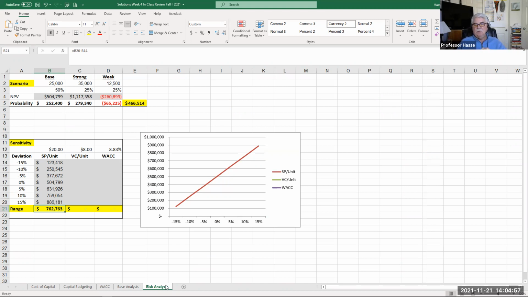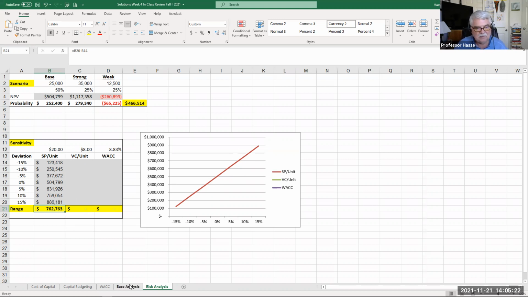What happens to our profitability if we change the selling price exclusively by these ranges of percentages? You'll notice the range from top to bottom is about $762,763, and that's indicated in the severity of the slope. The higher the range, the more severe the slope. The smaller the range, the flatter the line. And there we have it.